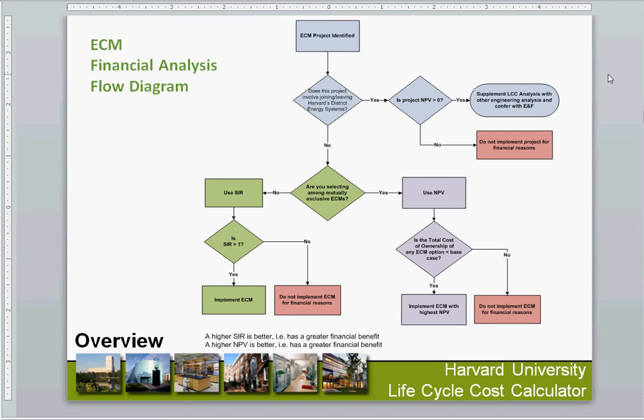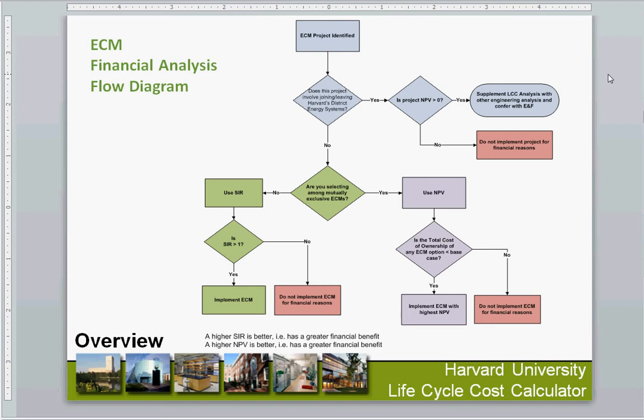So one of those options is going to be used, and they're mutually exclusive. So we're either going to choose this item or we're going to choose the efficient windows. The junky ones are the good ones. In that case, we just want to have the one that has the lowest net present value. And what I mean by that is whatever has the lowest total cost, the highest net present value or the lowest total cost of ownership.